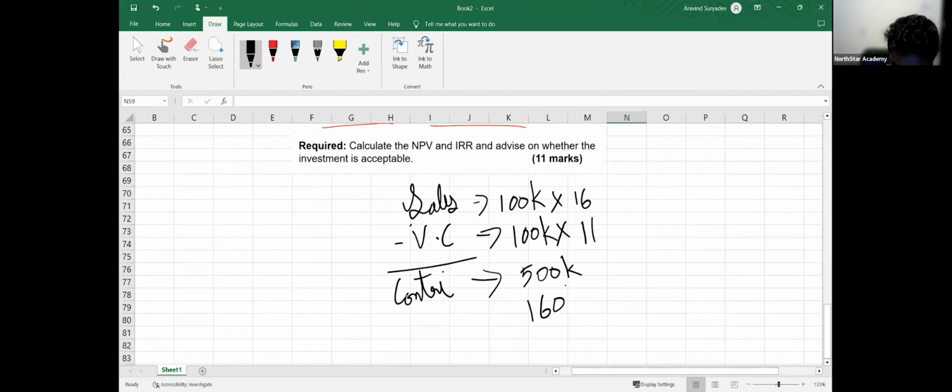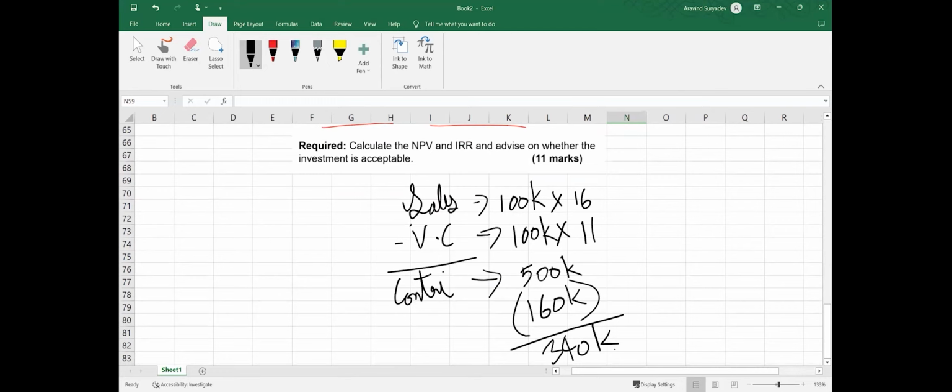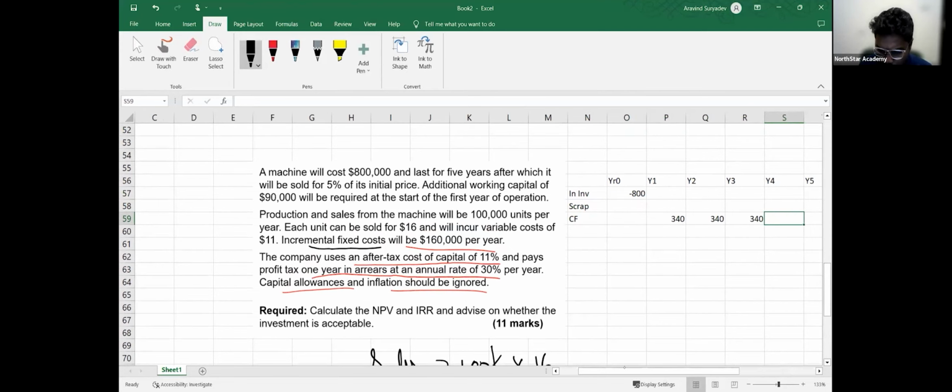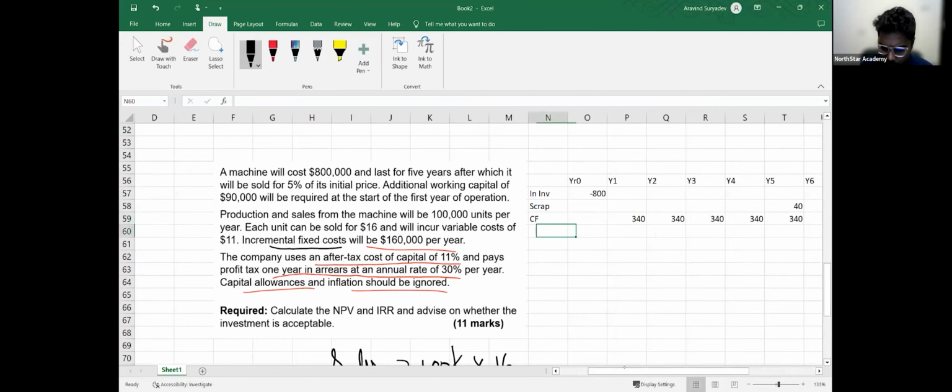Then can I take the 160K out? So every year it's roughly 340,000. Because no inflation or anything else is mentioned, every year our cash flow will be 340. So I'm going to put that in for the 5 years.